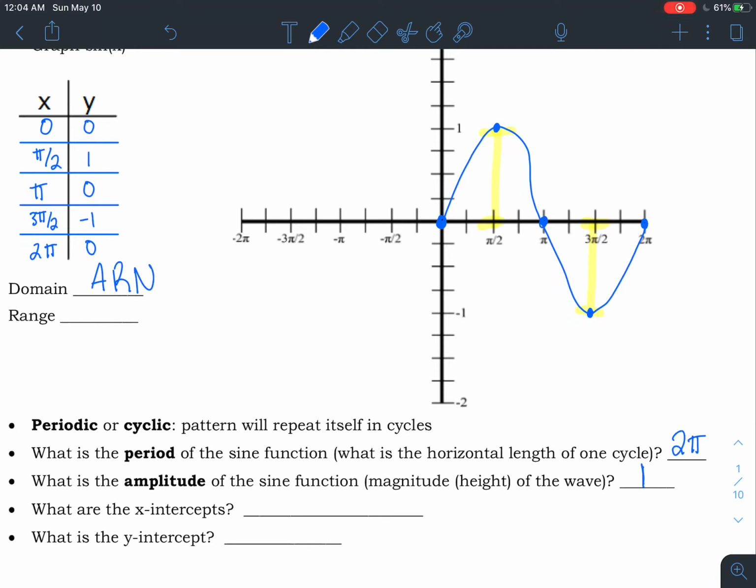Now my range is a little bit different because I actually have a limitation on both my highest point and my lowest point. Because it's just going to keep cycling up and down and keep going, that same wave over and over again. The highest point that it's ever going to reach is +1, and the lowest point that it's ever going to reach is -1.